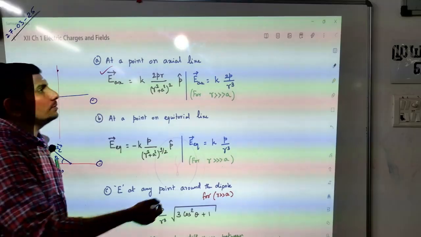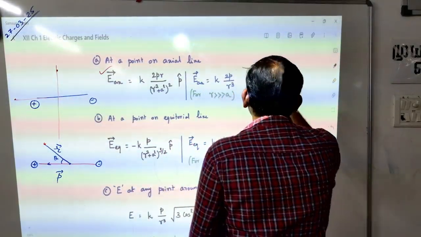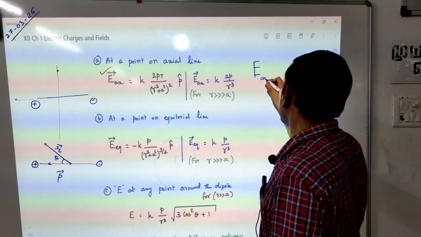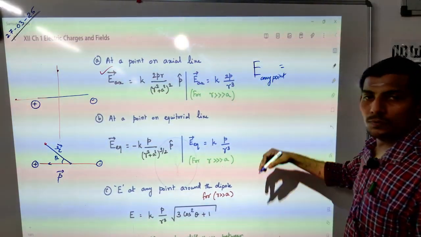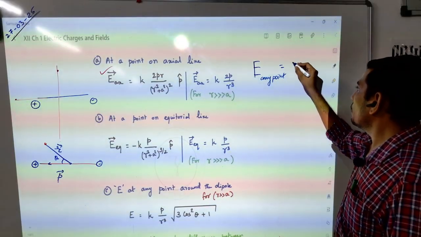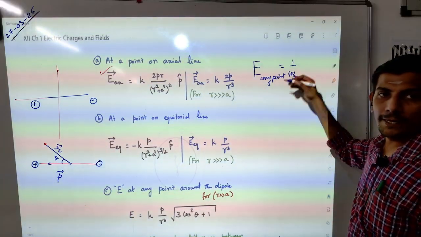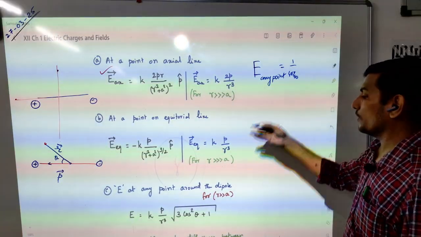What's the formula? Tell me. Electric field due to a dipole at any point is given by, come on sir, 1 by 4 pi epsilon naught, then 2p or p? P. Fine.